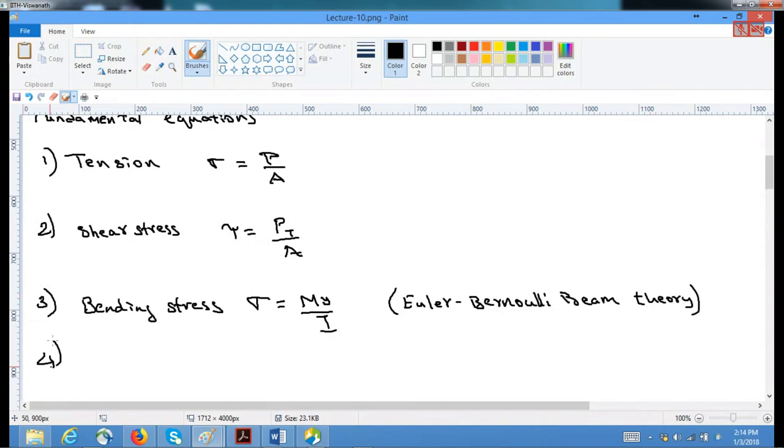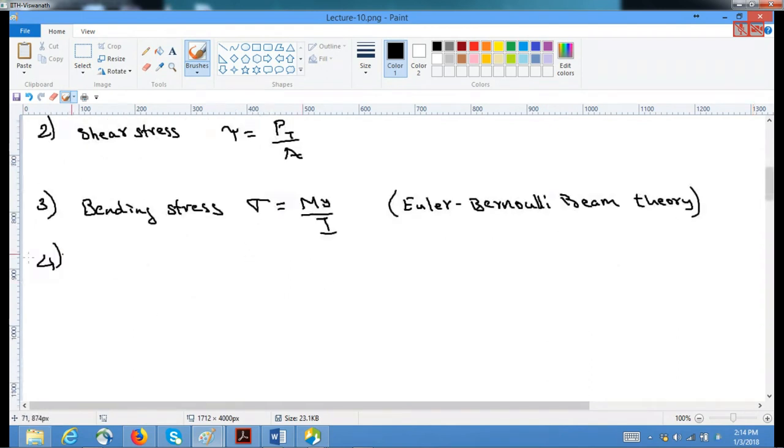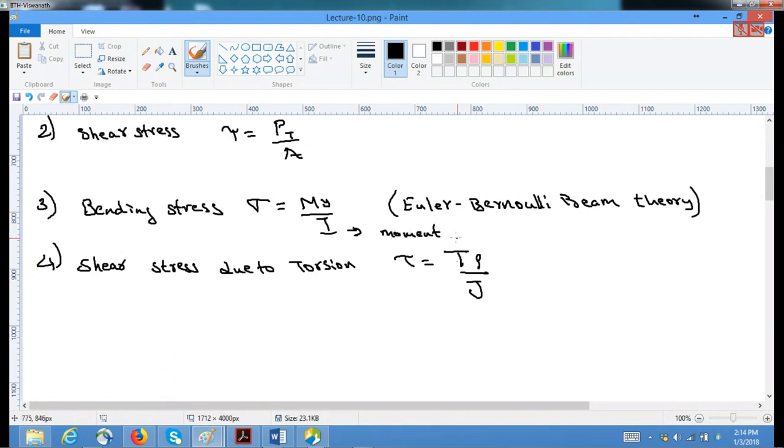Then we also looked at shear stress due to torsion, as tau is equal to T rho by J, where I is the moment of inertia and J is the polar moment of inertia.